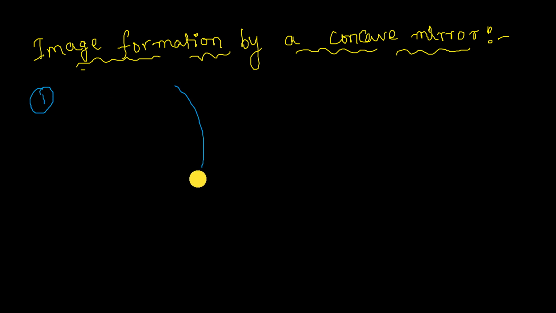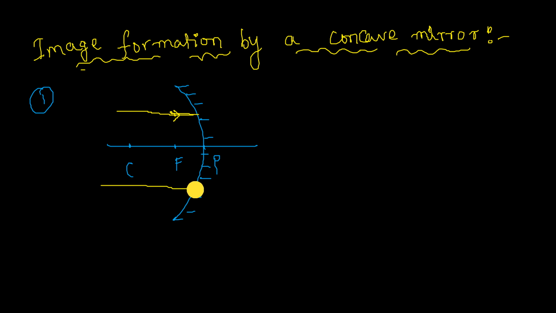So I am taking this concave mirror. Here is the pole, focus, and center of curvature. One light ray I am taking like this. How many light rays are required? Minimum 2 light rays. Light rays are coming from infinity. After reflection, those light rays meet at the focus.